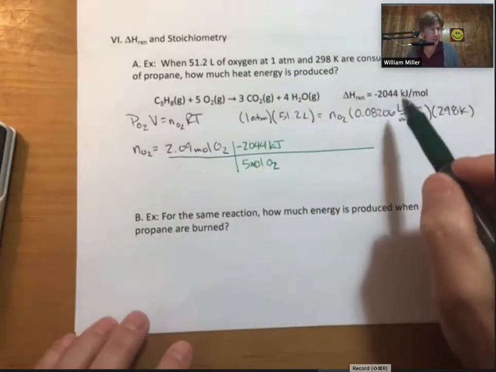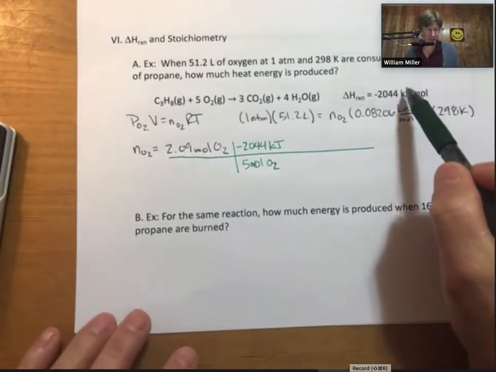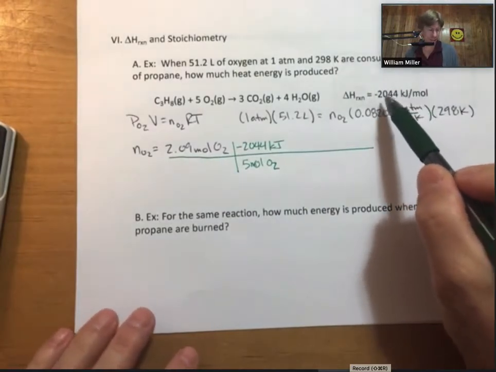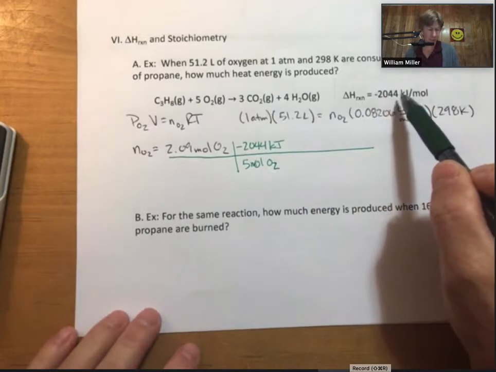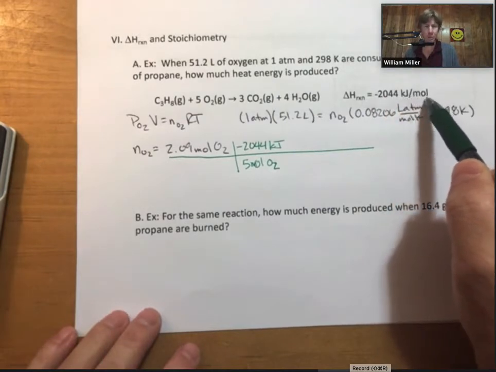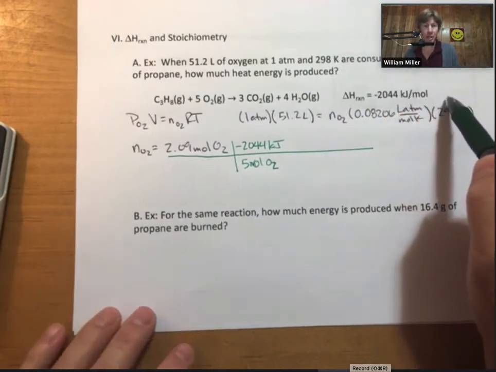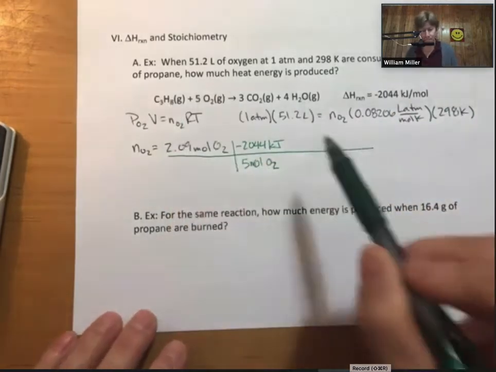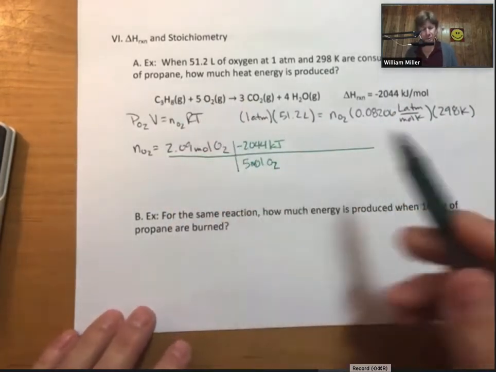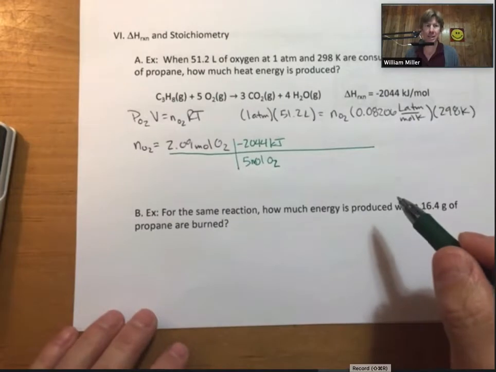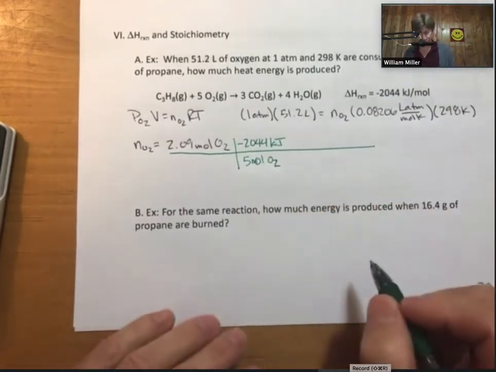Remember from a previous lecture outline video, that's not minus 2,044 kilojoules per mole of thing with a 1 coefficient like propane. It's 2,044 kilojoules released for 5 moles of oxygen.